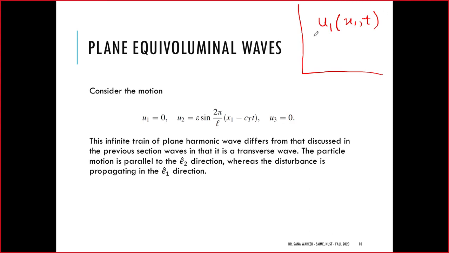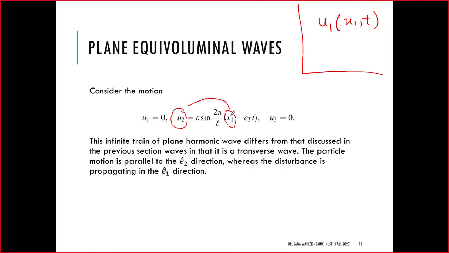In contrast to this type of a wave, there are other waves as well which exist. So for example, something like this, where what's happening, okay, you actually have a displacement in the transverse direction as wave travels, right?